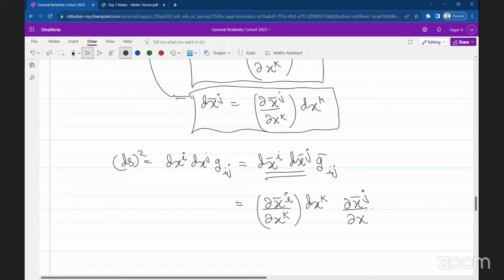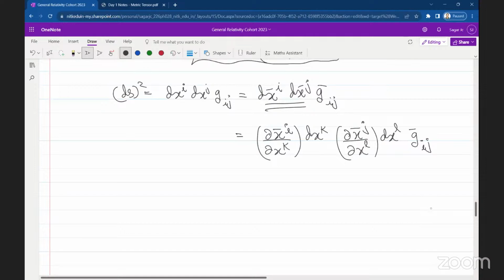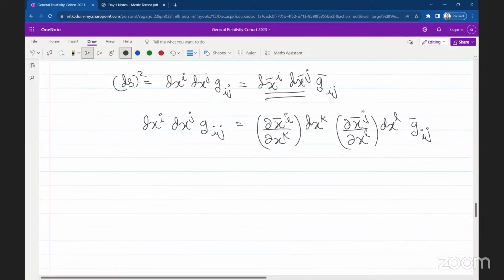Now I can't write k again, so I'll write l because I have used k twice. On the left hand side, I can write g_ij dx_i dx_j. Here i and j are dummy indices, so I will write dx_k and dx_l, and g_kl.